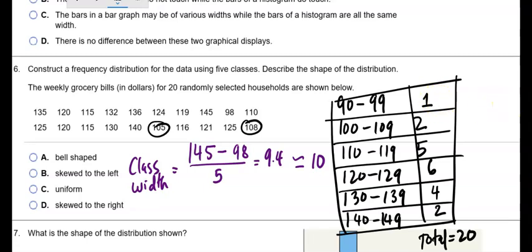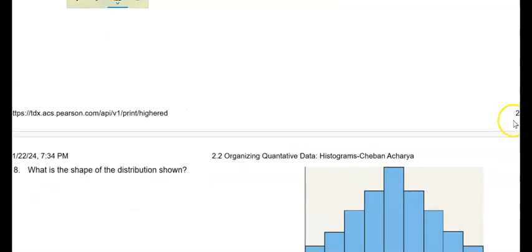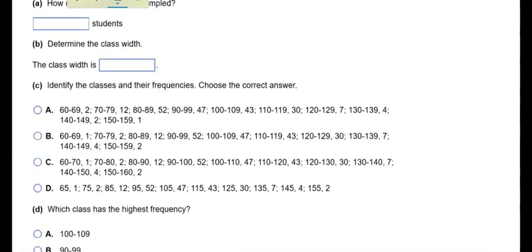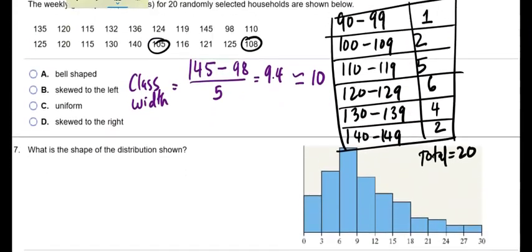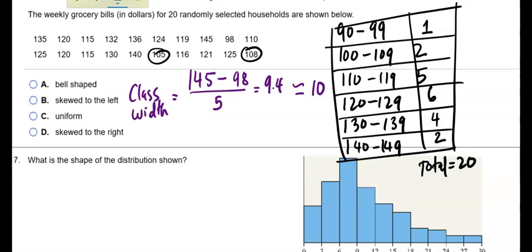So when you graph the data, it looks like this. Let me graph this for you. Let's put the frequency as 1, 2, 3, 4, 5, 6.